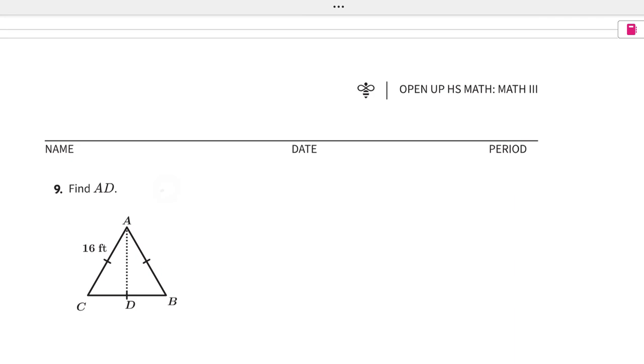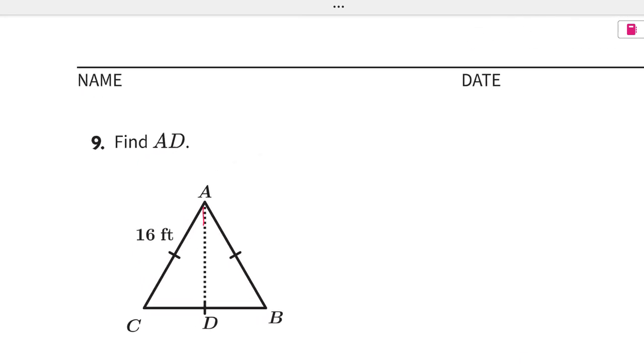So question 9, a little different. It wants us to find this length AD, which certainly looks like it is exactly halfway. But let's go about starting with noticing that this is isosceles. So if that's isosceles, then this is also 16 feet.